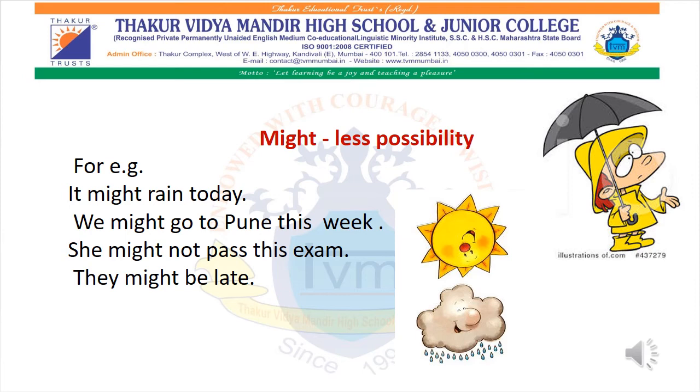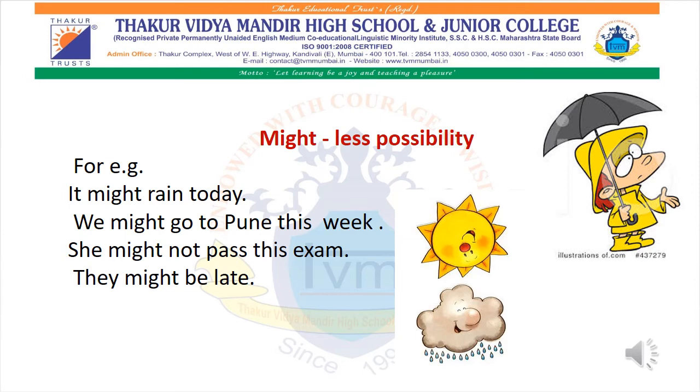In the following sentence, it might rain today. Less possibility. By looking at the weather, we think for a second and we say, yeah, it might rain today. Or we say that it might not rain today. So you see, less possibility words, less possibility of things happening. And therefore we use the modal auxiliary verb might.